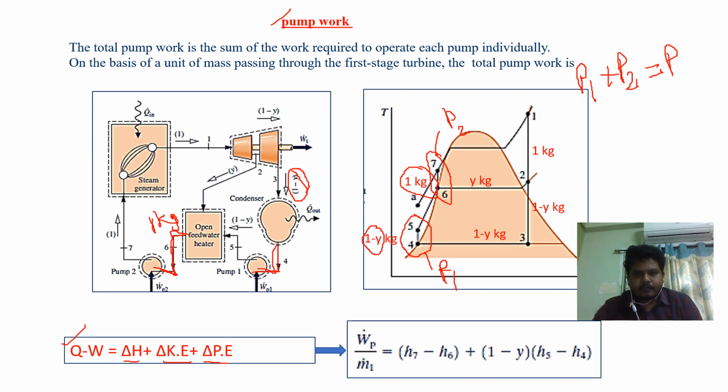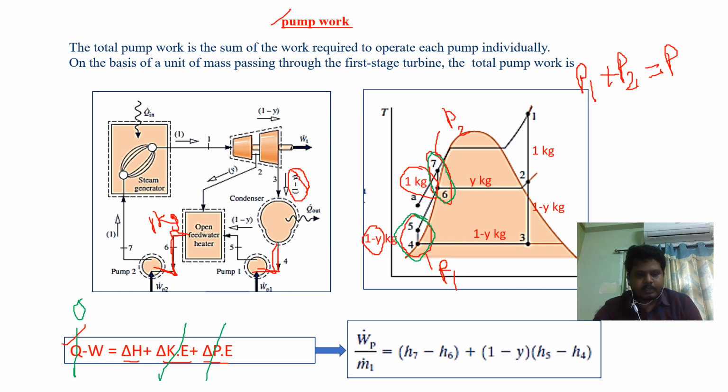As we know, the process 4 to 5 is an isentropic process, a reversible adiabatic process, and also 6 to 7 is an isentropic process. Both pump P1 and pump P2 are isentropic, so the term Q equals 0. Generally we neglect kinetic energy and potential energy.